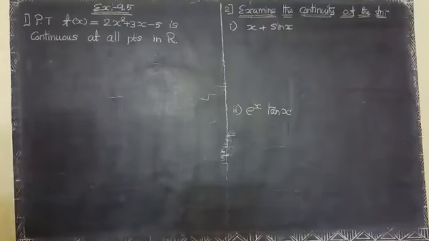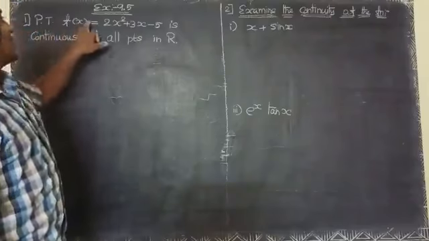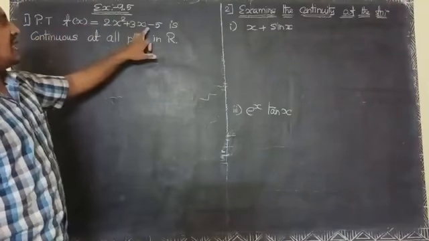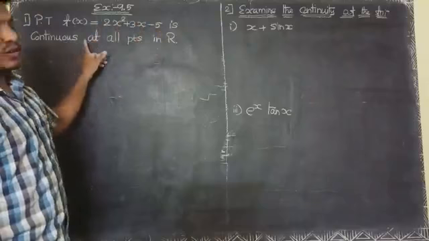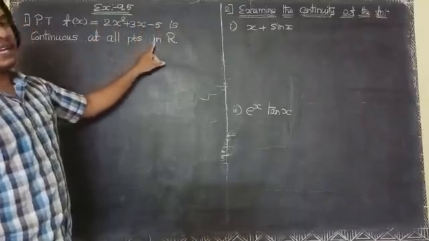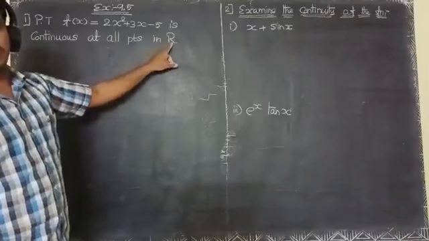Next, exercise 9.5. In the first question, prove that f of x equal to 2x square plus 3x minus 5 is continuous at all points in capital R, that is real numbers.